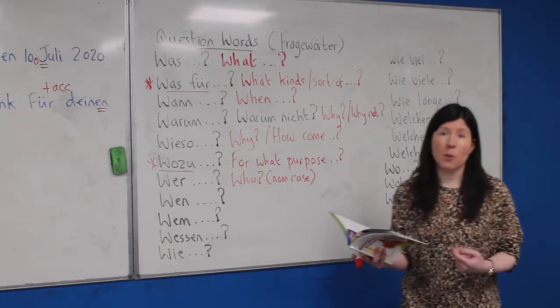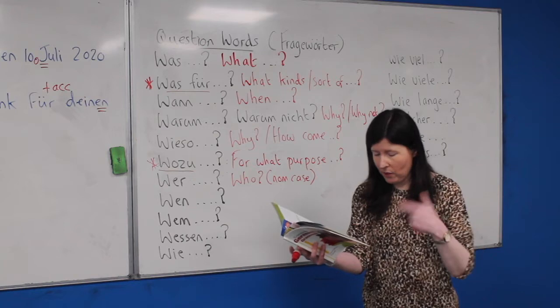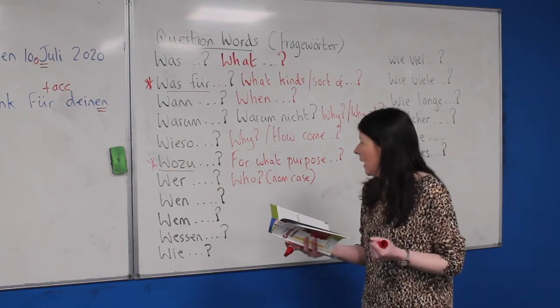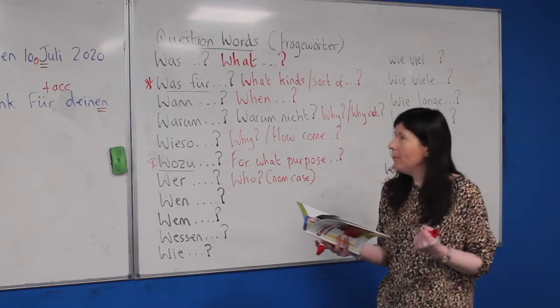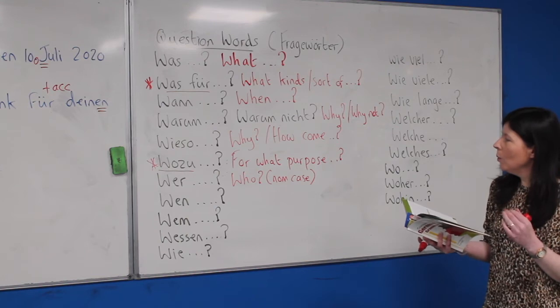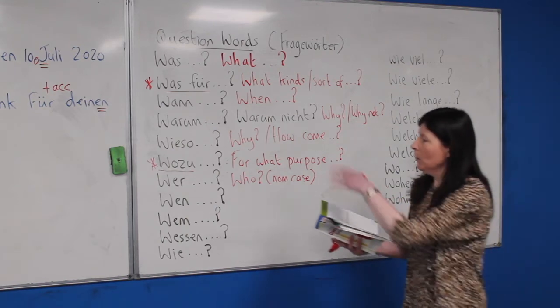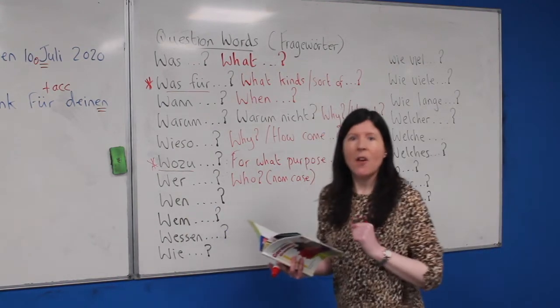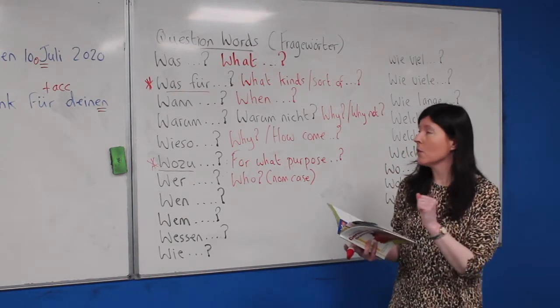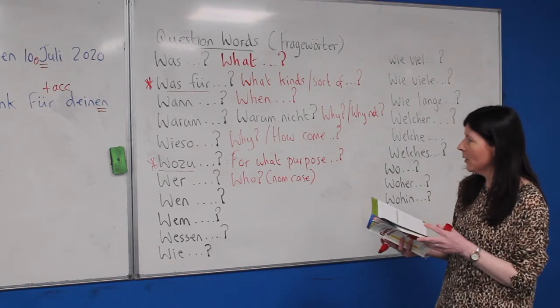Wer hat die Fenster geputzt, for example. Who cleaned the windows? That's just an example, but in your letter, you can come up with examples yourselves. Wer, who in the nominative case, okay? So you probably wouldn't actually use it really in the letter. You may have one or two examples.